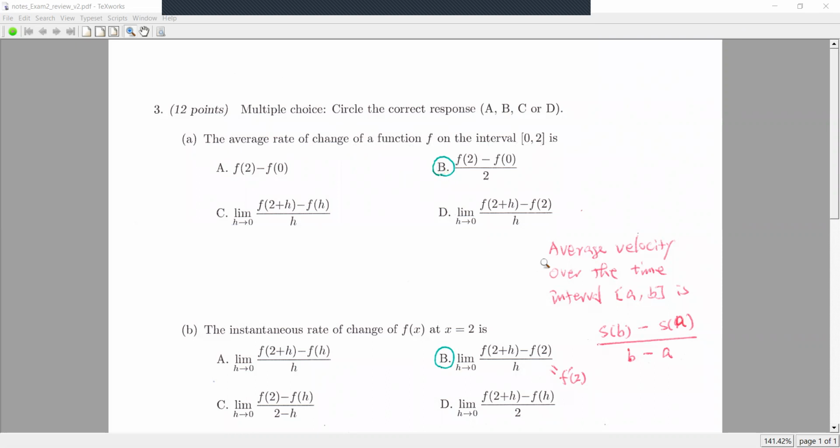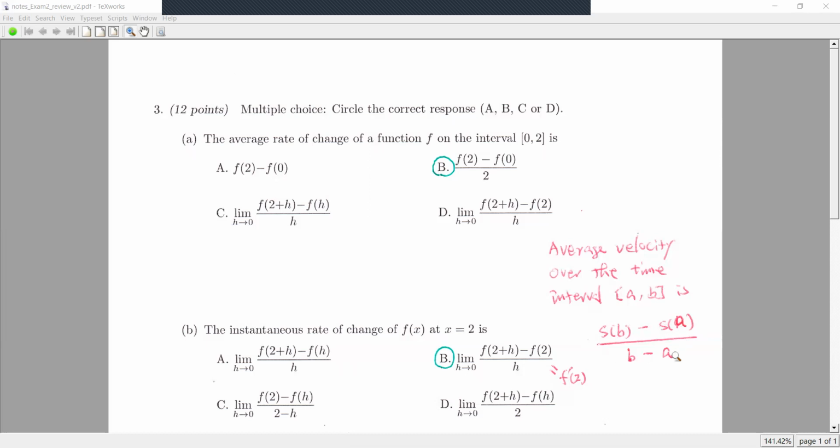Recall that the average velocity of a moving object over a time interval from a to b is the position of the object at b minus the position of the object at a over b minus a.